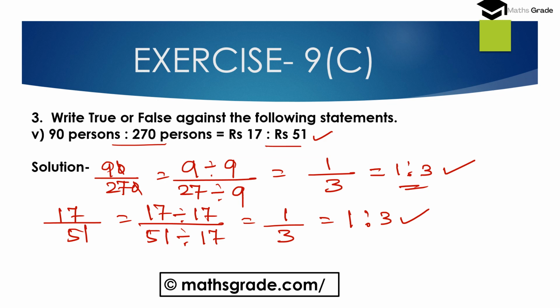Both are equal, 1 is to 3. So 90% is to 270% is equal to 17 rupees is to 51 rupees. This is true. So this statement is true.